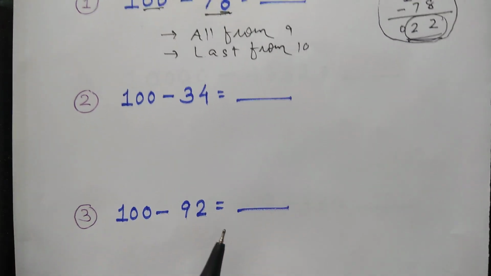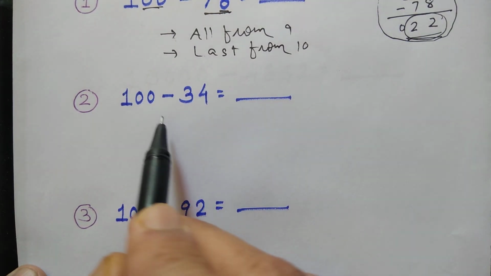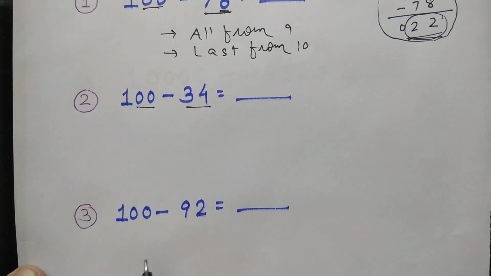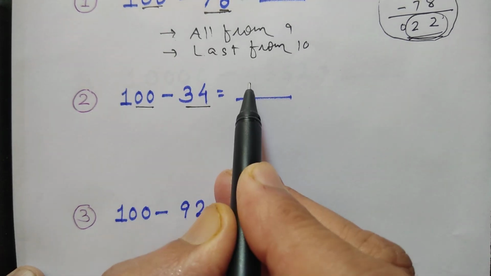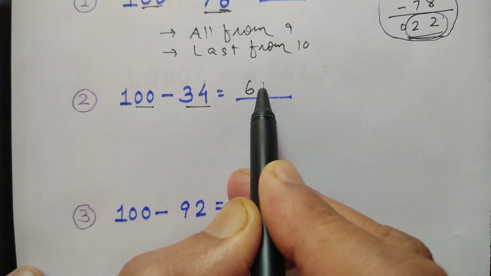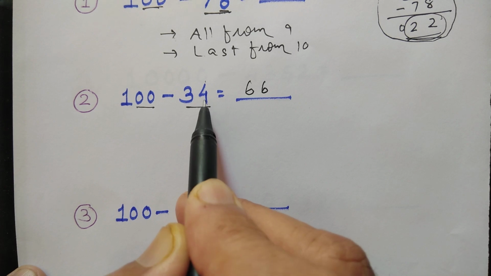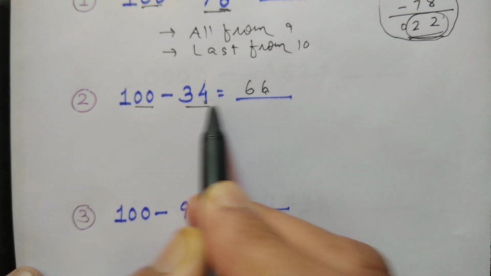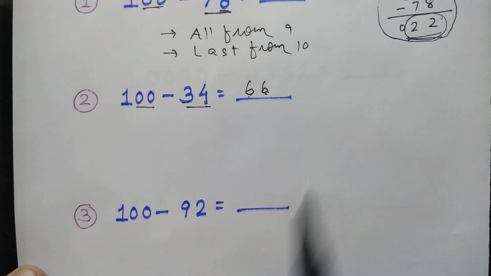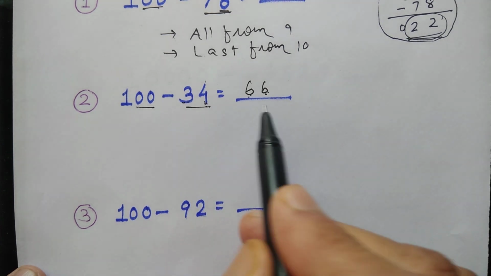Let us try to understand one more. Two zeros and two digits. The first condition is clear. 3 and 6 is 9, 4 plus 6 is 10. These two numbers total 10 and these two numbers total 9. 66 is our answer.